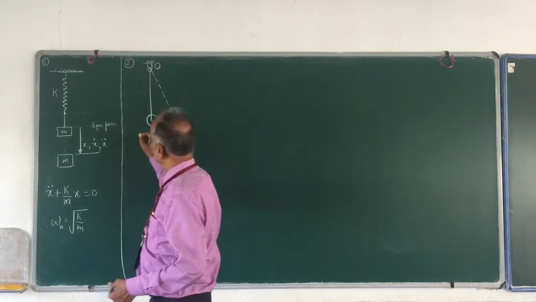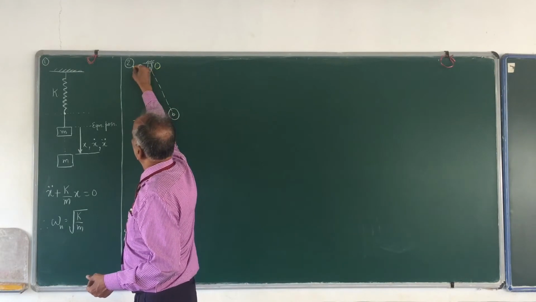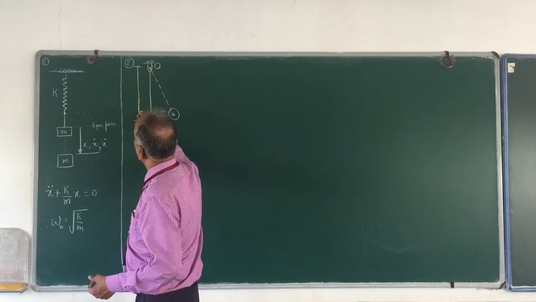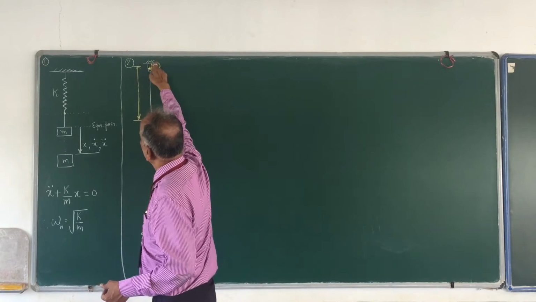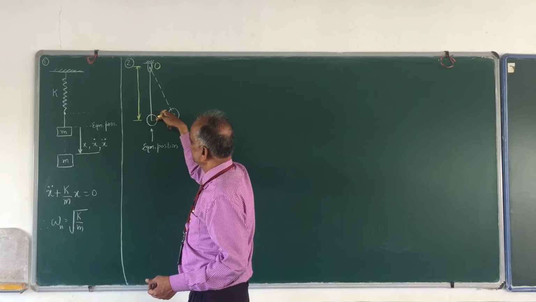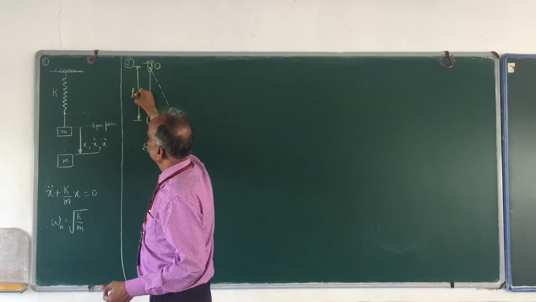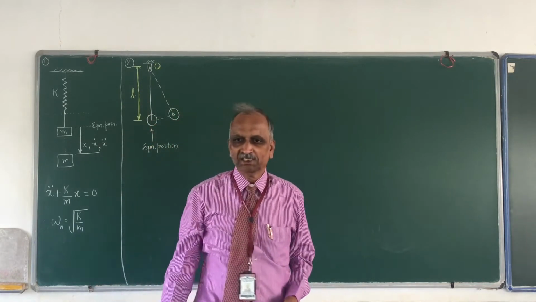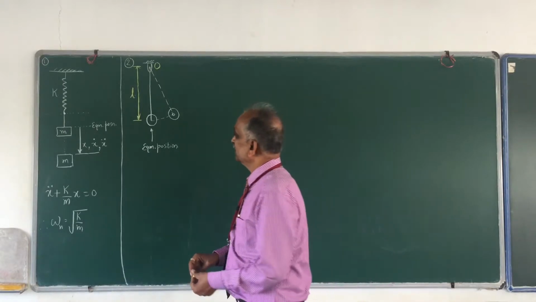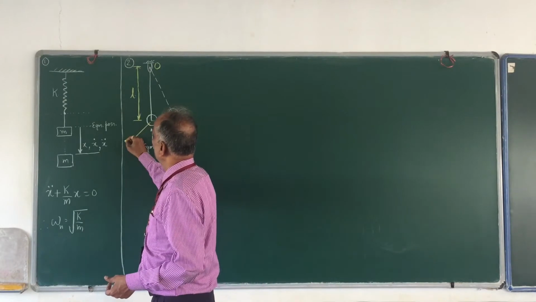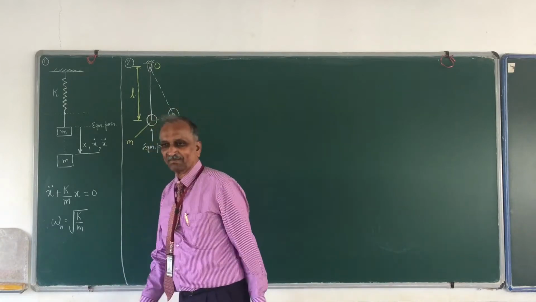The distance from the point of suspension to the center of the ball is normally called the length of the pendulum. That I shall indicate by L. This is the point mass.